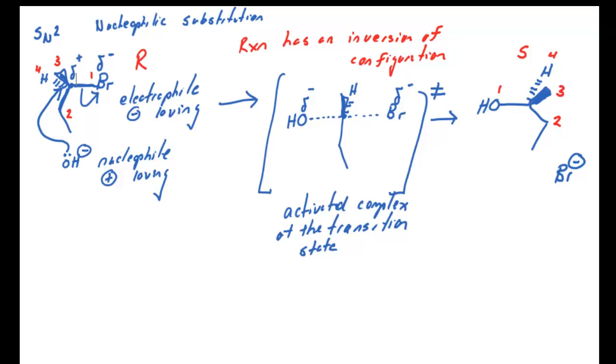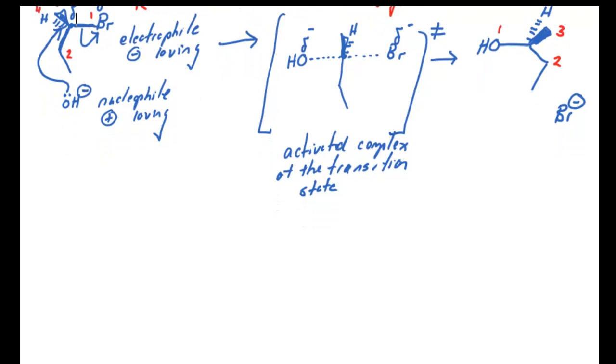A couple of other points about this reaction. I'd like to represent the energy changes. So let me just grab my black pen here and make a little graph. On the left here I'm going to have energy, and then this will be the progress of the reaction. Okay, so as the reaction proceeds, we start off with the reactants.